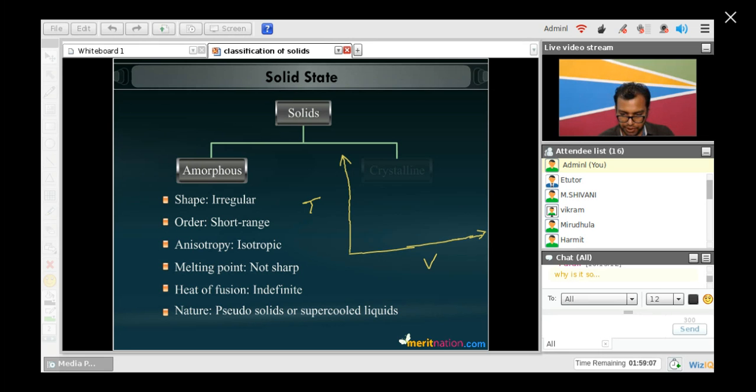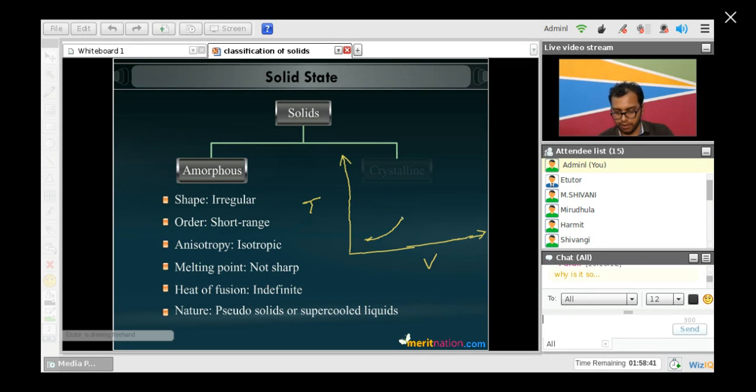And if you are increasing the temperature, then the volume of the solid changes, but the change in volume will be very small. You won't observe a large change. As you increase the temperature, the volume will change slightly, and then the solid will start converting into liquid state, right?